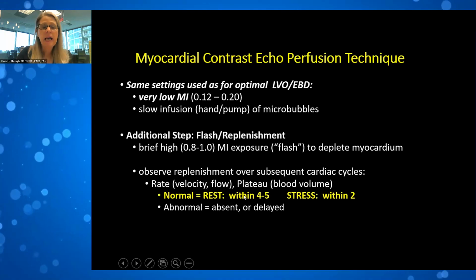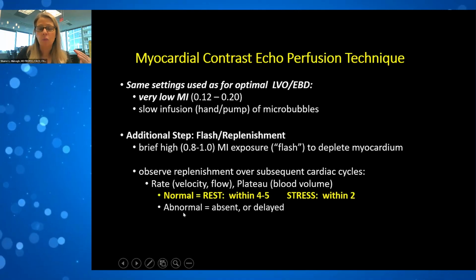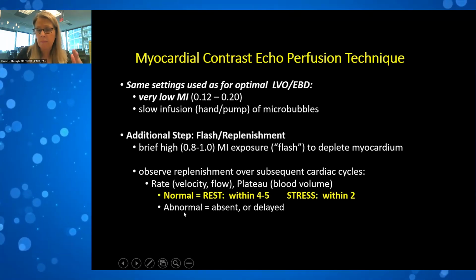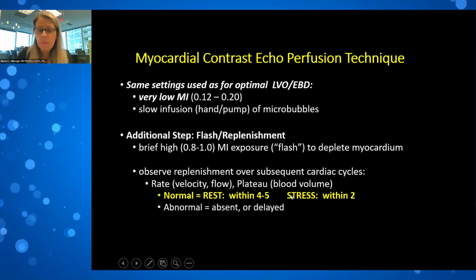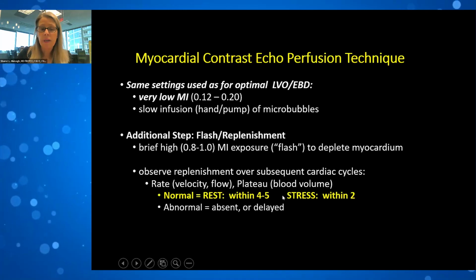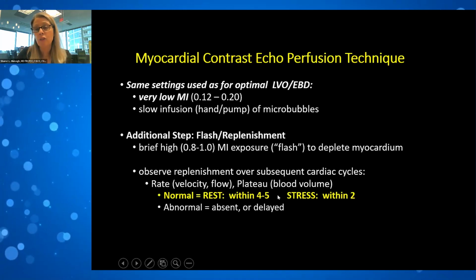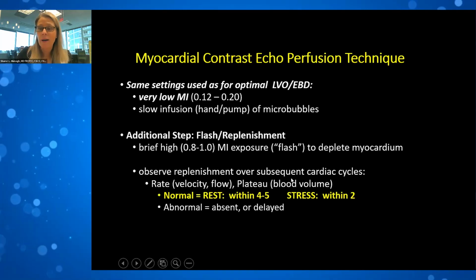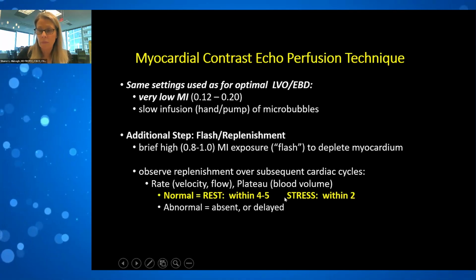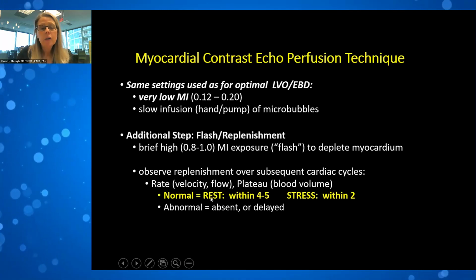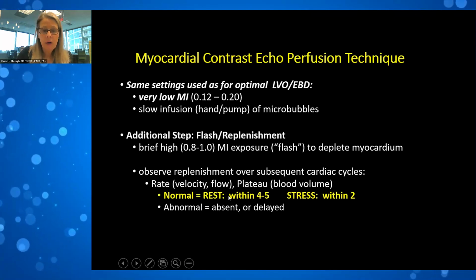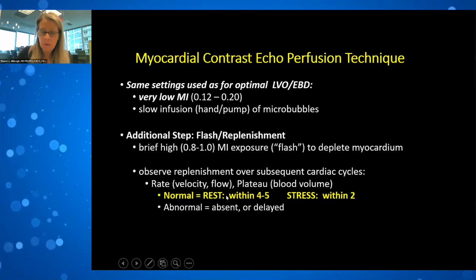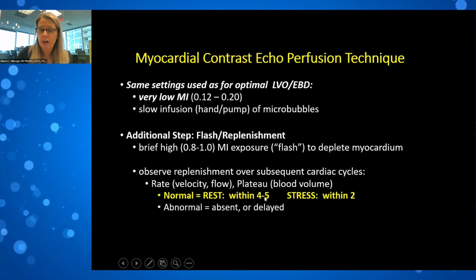cardiac cycles. And this is clearly related to the rate of replenishment, we call that the beta, as well as the complete blood volume that ends up, and we call that the A, or the plateau value. And actually, if we multiply the beta by the A, we can determine what the myocardial blood flow is. Normally, we will see the appearance of microbubbles in the myocardium at rest in normally perfused myocardium within 4 to 5 seconds.